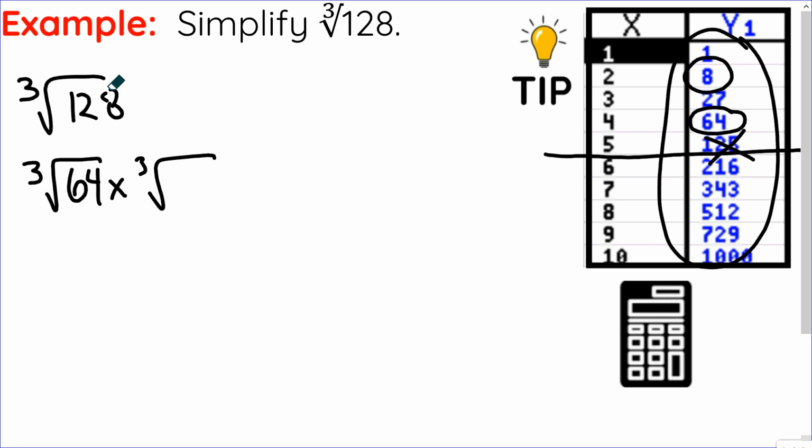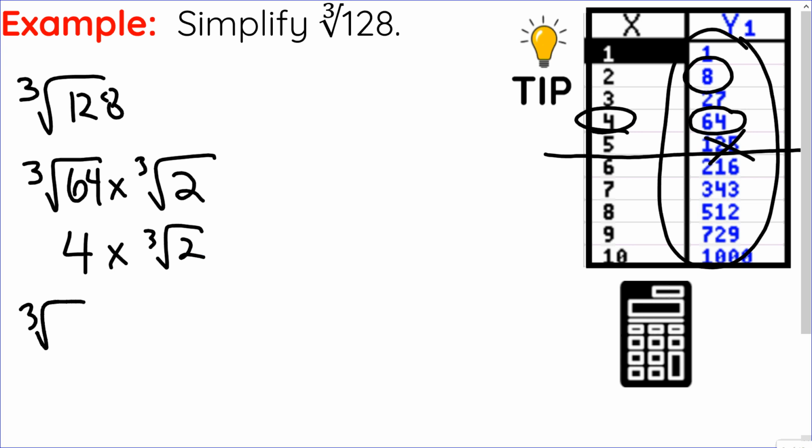Well, I know that 64 multiplied by 2 gives me 128. So those are my factors. So cube root of 64 I know is 4, so that will be 4 times the cube root of 2. So I know the cube root of 128 simplifies to be 4 times the cube root of 2.